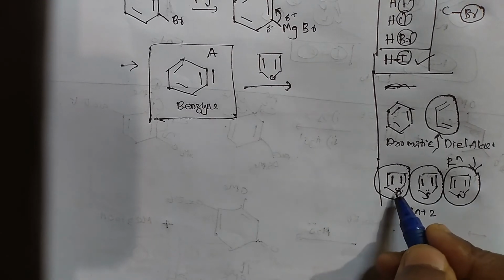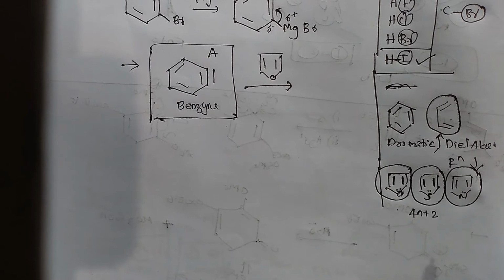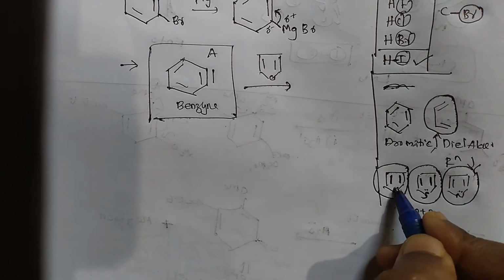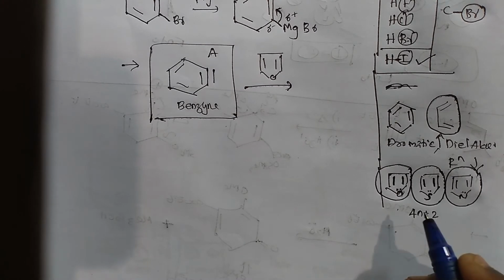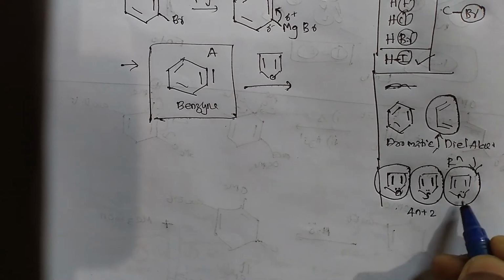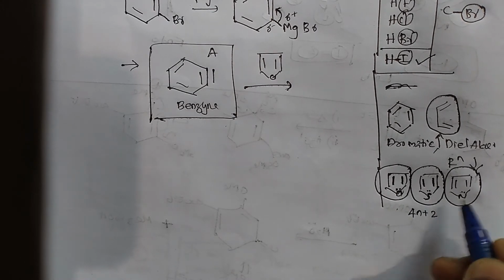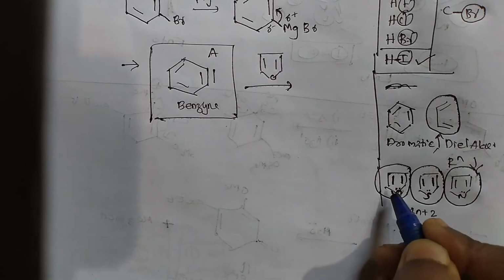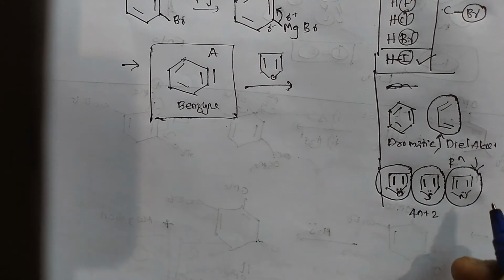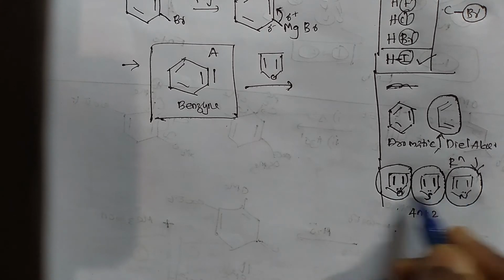But the least aromatic is furan. This is because oxygen has higher electronegativity than sulfur and nitrogen. So the chance of participation of its lone pair in aromaticity will be lesser compared to these two compounds. That is why this is less aromatic among these three.